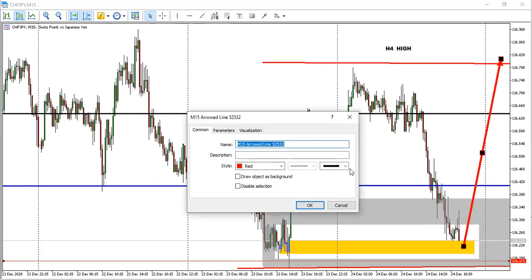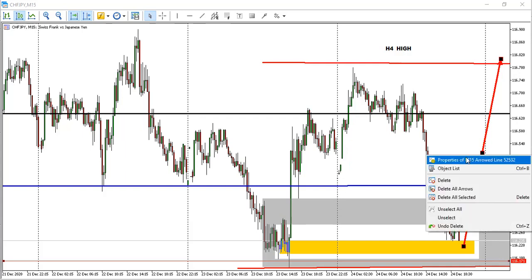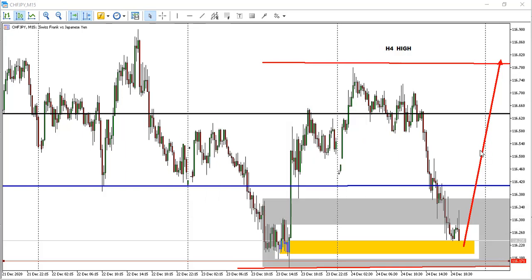It's too thick. I think this should be denoted by... okay, it's okay like that. I want to use color green.